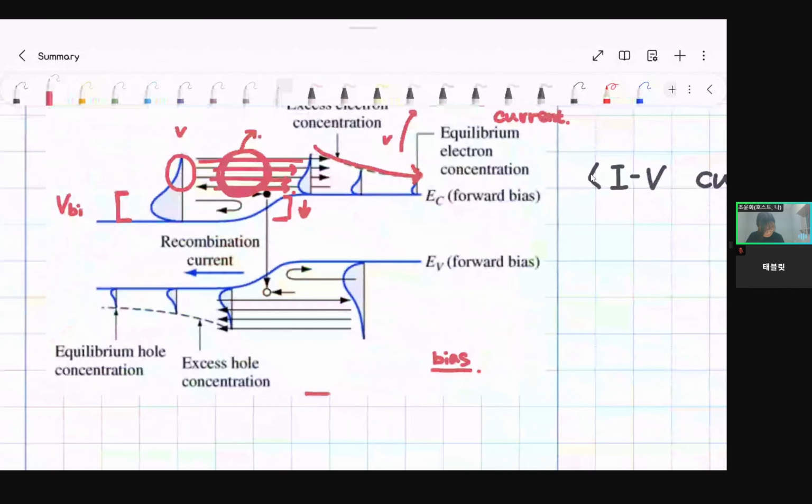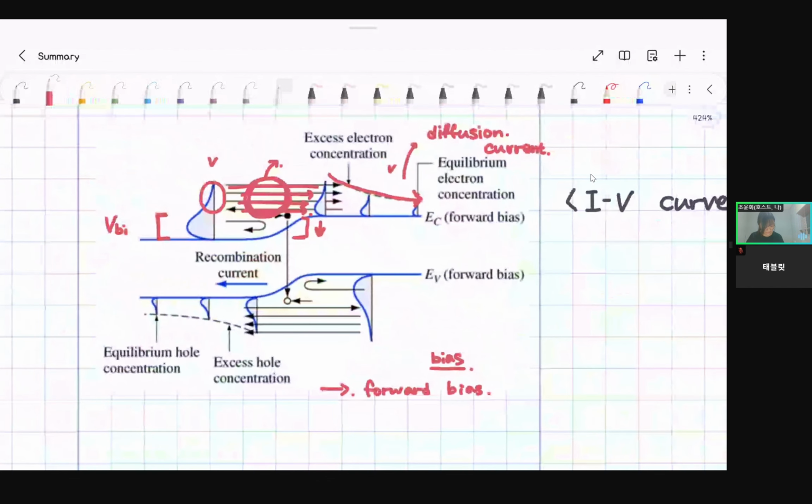We call this forward bias. So if we apply more forward bias to the PN junction, the current goes up exponentially.